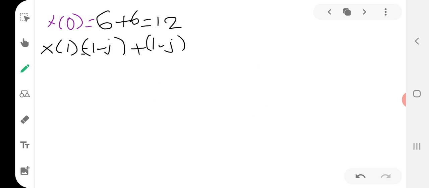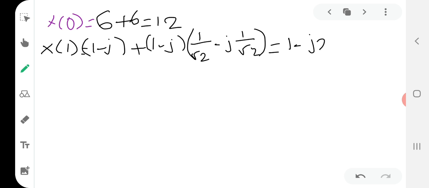What is the value of W8 raised to 1? We know that it is 1 by root 2 minus j into 1 by root 2. If you solve this, we will get a value 1 minus j into 2.414, if you open the bracket. Okay, this is x of 1.